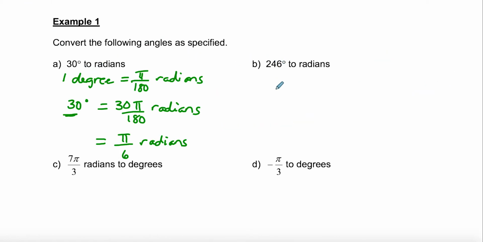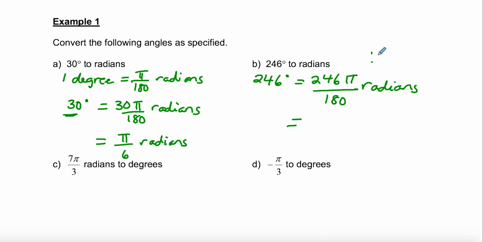Now, 246 degrees convert to radians, so 246 degrees equals 246 pi over 180 radians. What we can do there is divide by 6. The top and the bottom are divisible by 6, so we're just trying to get lowest terms here. And that would be 41 pi over 30 radians.